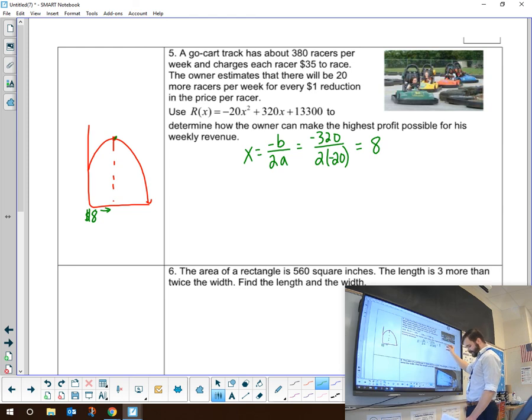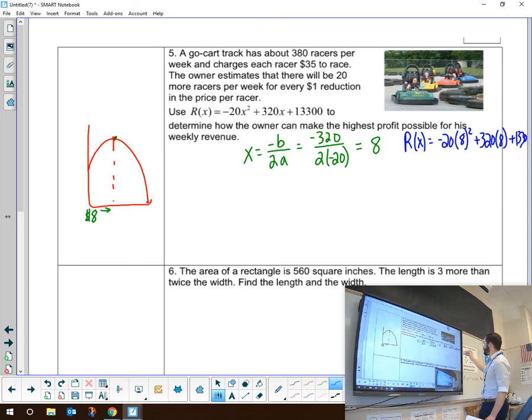So we're going to take 8 and plug it back in for my equation. My maximum profit R is equal to negative 20 times 8 squared plus 320 times 8 plus 13,300. I ran out of room there, but you get the idea, 13,300.